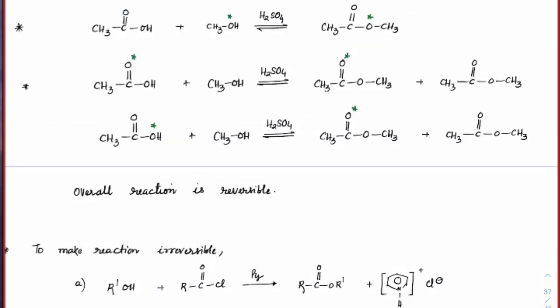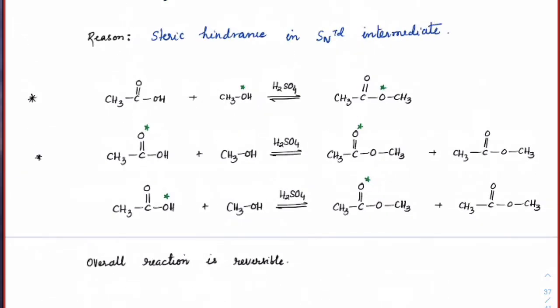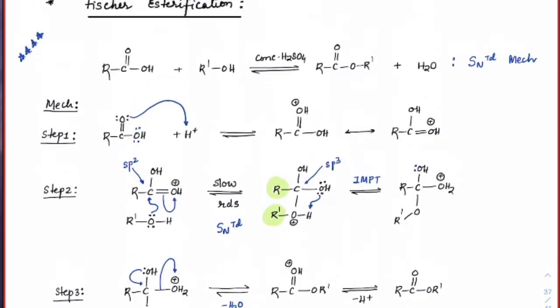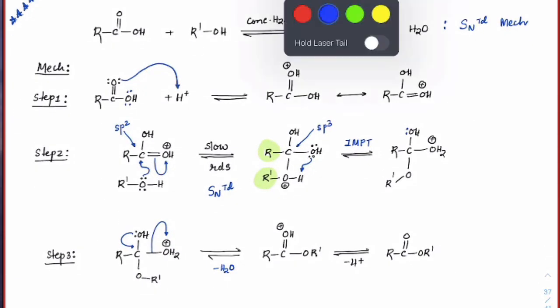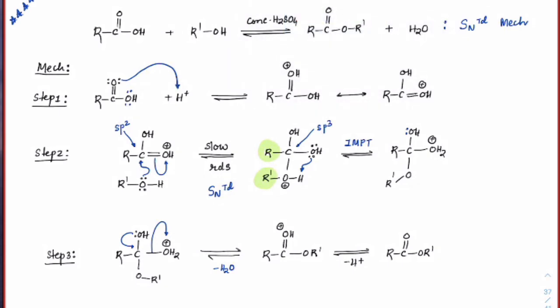In case if we have an isotopic oxygen, how does the reaction happen? Check it out. This oxygen, if you check out, observe once again the mechanism very carefully here. This is the oxygen. Now I am just using this color just for the reference for some time. Observe carefully.